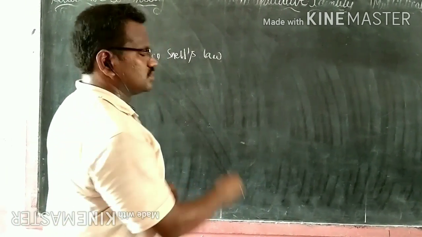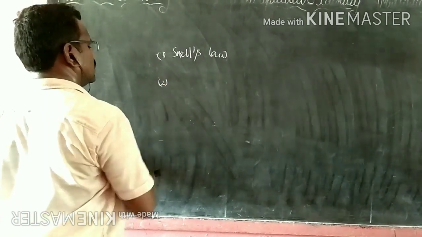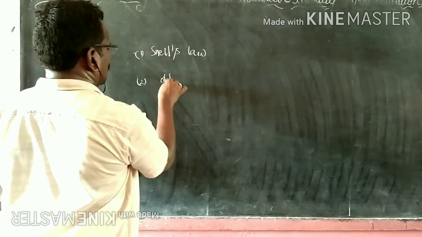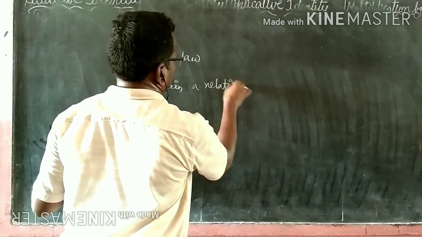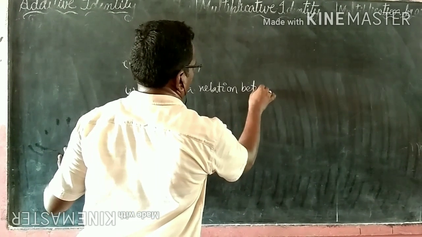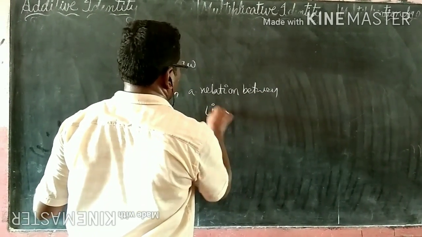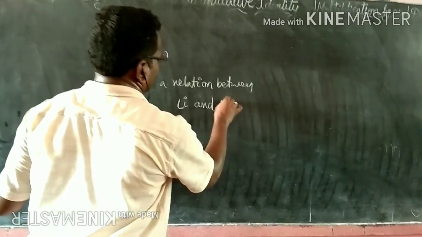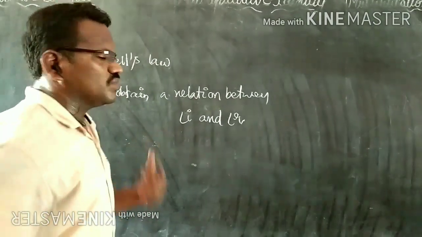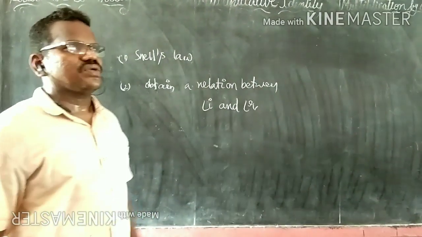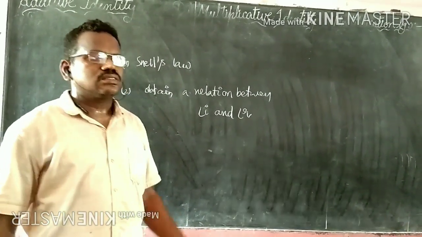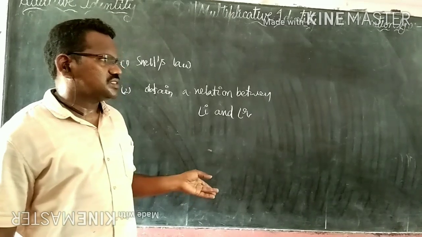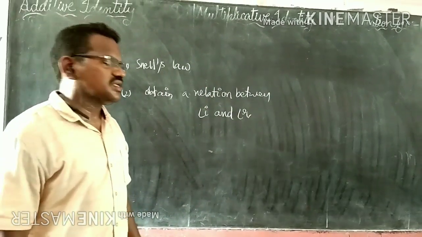The next aim is we are going to obtain a relation between angle of incidence and angle of refraction. Why? Because angle of incidence sometimes is equal to angle of refraction, sometimes angle of incidence is greater than angle of refraction.